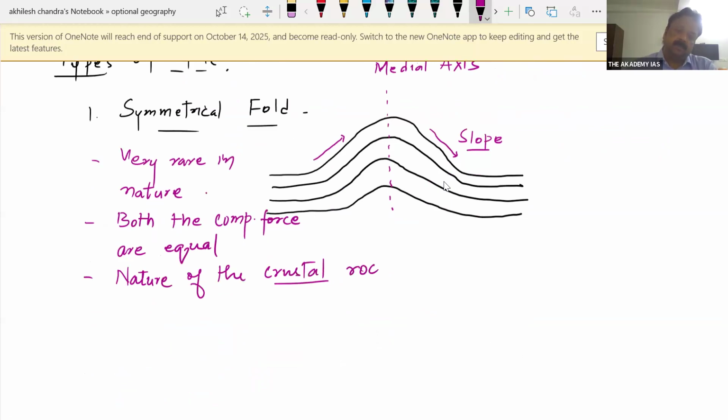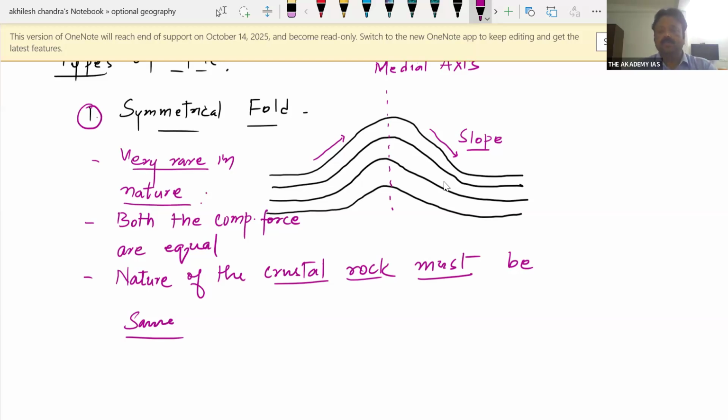The crustal rock must be the same. And this is not going to be the case. There will be certain difference. Due to that, most of the time we are not going to have symmetrical fold, rather we have asymmetrical. So symmetrical folds are very rarely found in nature. This is symmetrical fold, where the medial axis divides the fold into two equal parts.